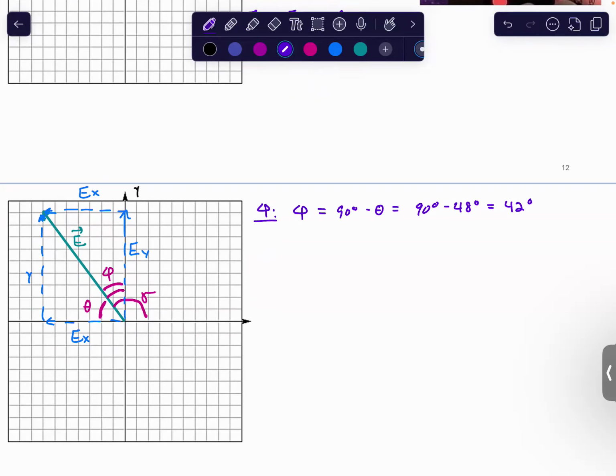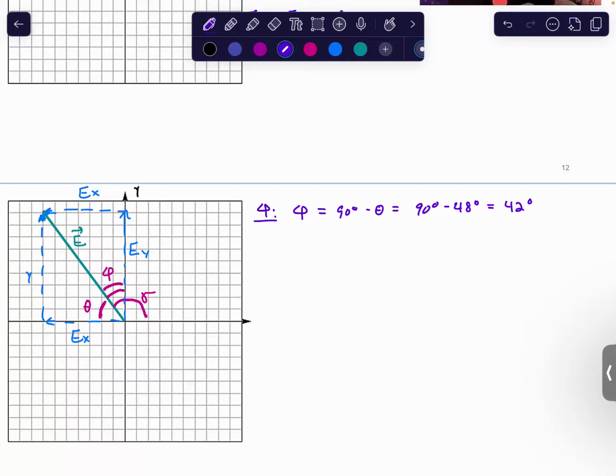So that one has to be 42. Again, a lot of this is going to take practice because if you latched onto that moving clockwise, then you might be going, well, it's a minus 48. No. That's going to give you an obtuse angle.